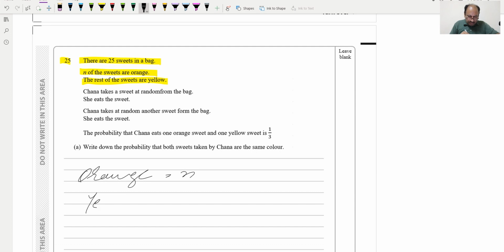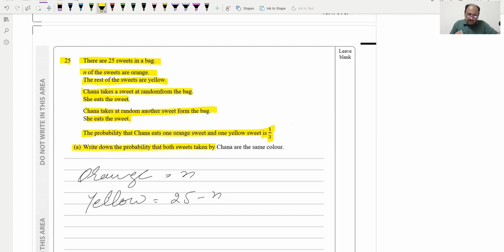So yellow will be 25 minus N, and they are saying Chana takes a sweet randomly from the bag. She eats a sweet. Chana takes at random another sweet from the bag. She eats the sweet. The probability that Chana eats one orange sweet and one yellow sweet is 1 by 3. So this is the detail given for the whole question.